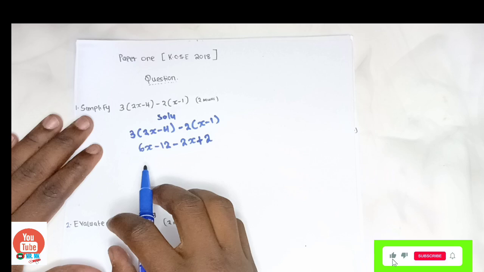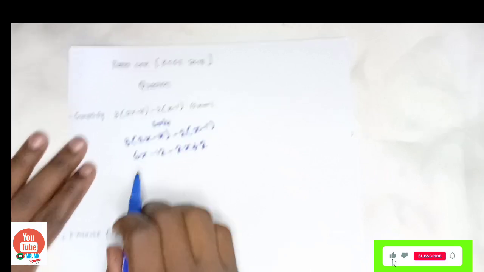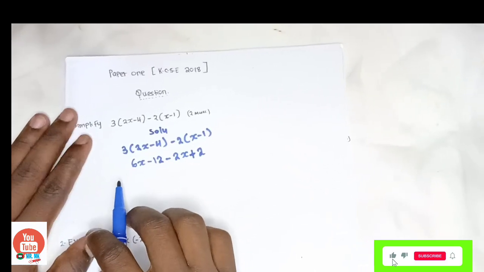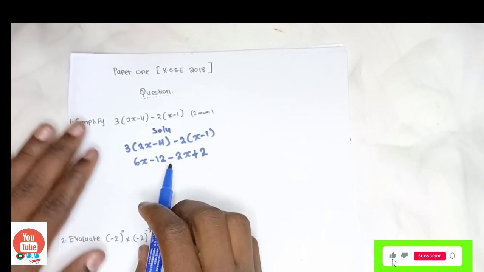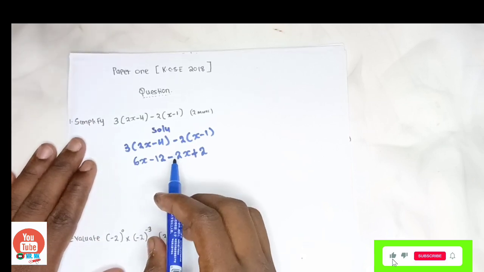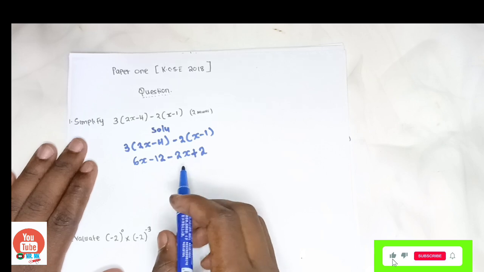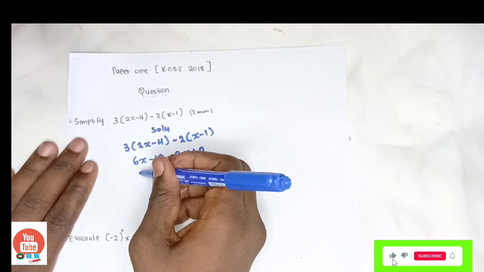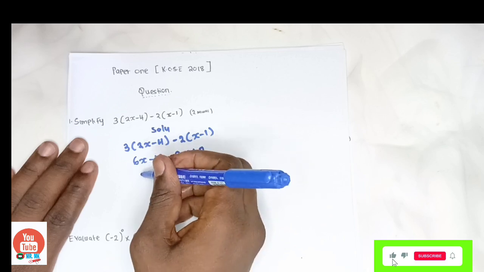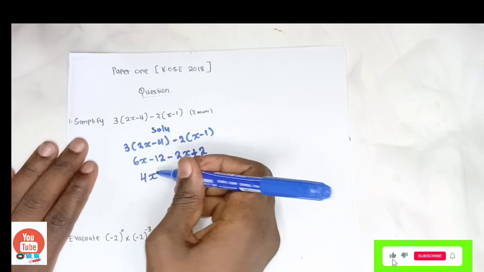From there, collect the like terms together. 6x minus 12 minus 2x plus 2. 6x minus 2x is 4x.